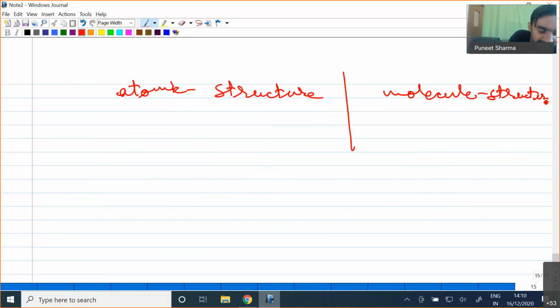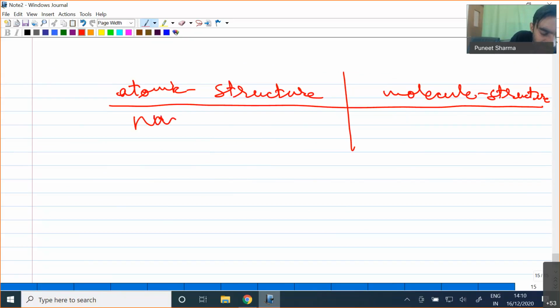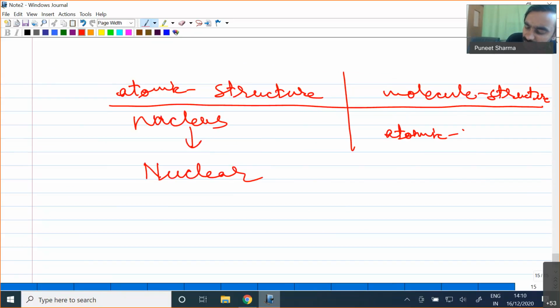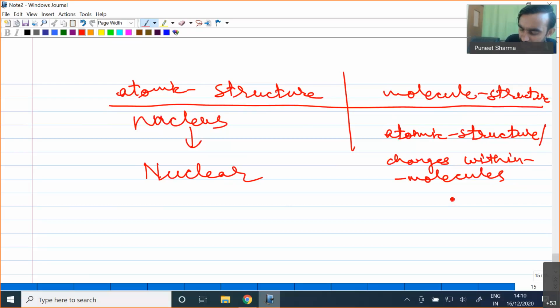Appropriate questions would have been framed like this: if there is a change within the nucleus, then we will have nuclear energy, and if there is a change in atomic structure, meaning atoms are changing, their bonds are breaking and making, or there are changes within the molecule, then the correct answer should be chemical energy.